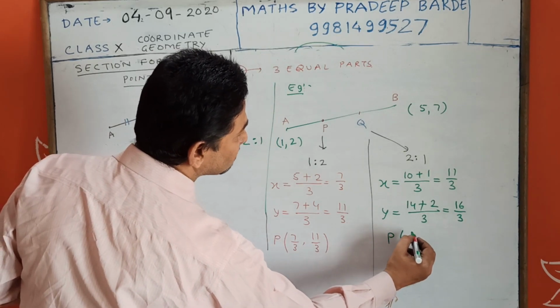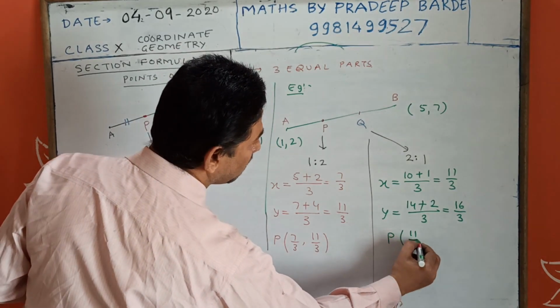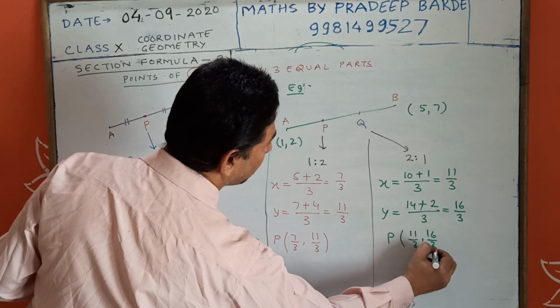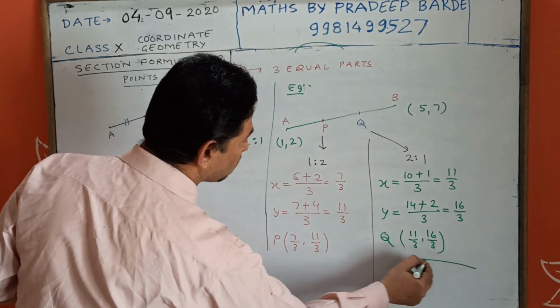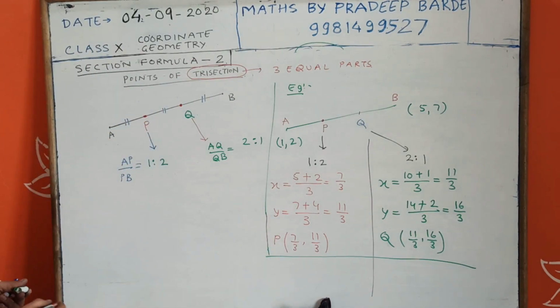So the coordinates of Q are 11 upon 3, 16 upon 3. So the points of trisection are 7 by 3, 11 by 3, and 11 by 3, 16 by 3. So this way you can find out the coordinates of points of trisection.